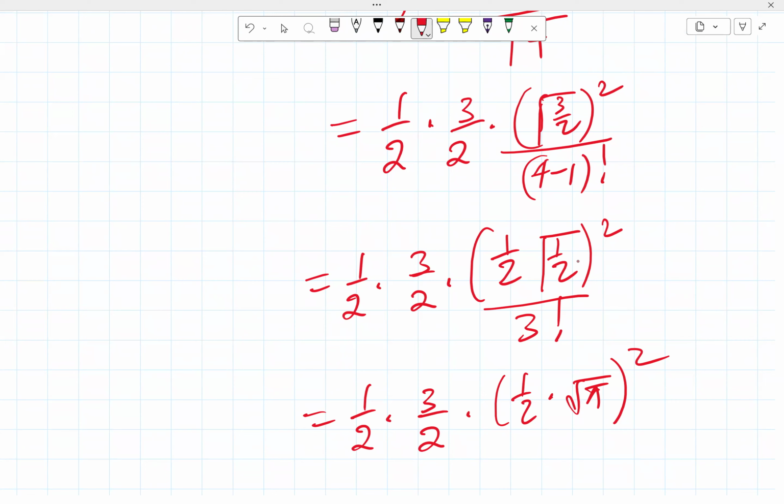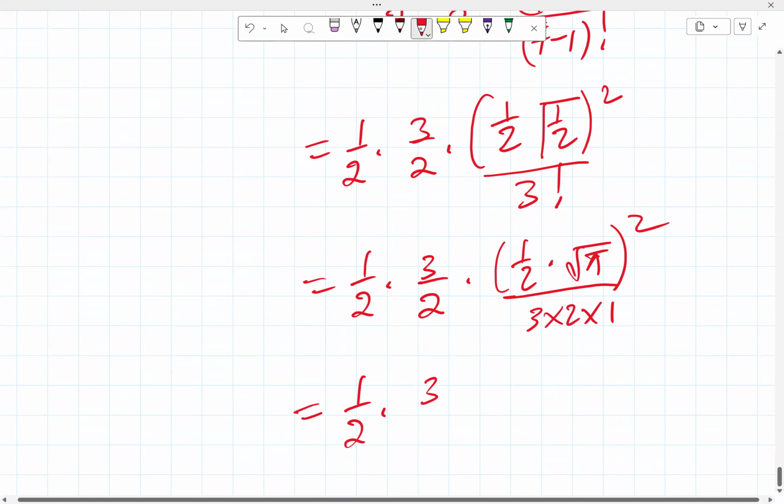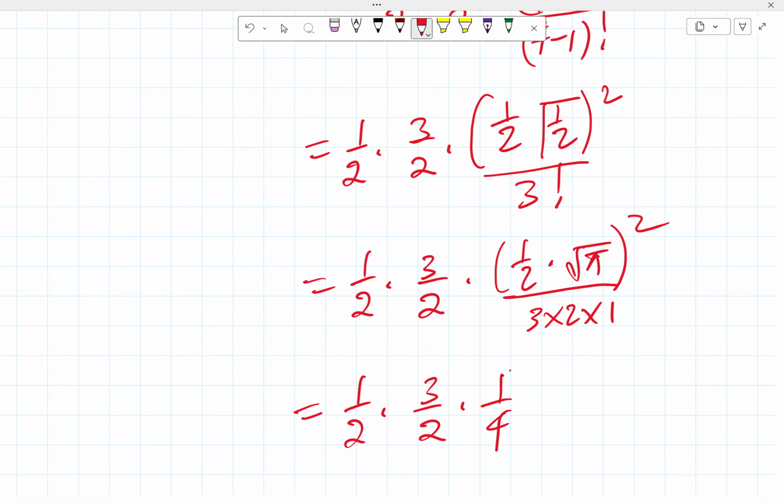We know gamma half is square root of pi, and 3 factorial is simply 3 times 2 times 1, that is 6. So we then have 1 over 2 times 3 over 2, then 1 over 2 squared is 1 over 4, root pi squared is simply pi, then 3 times 2 times 1 is 6.